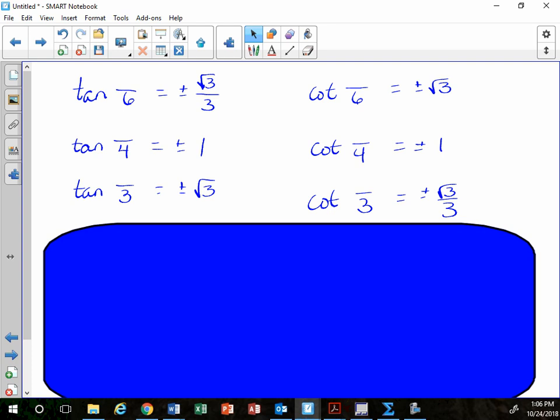Does that make sense to you guys where these are coming from? Rather than doing the math of, okay, 1/2 divided by root 3 over 2, all right, flip, multiply, rationalize. You get the same thing every time.